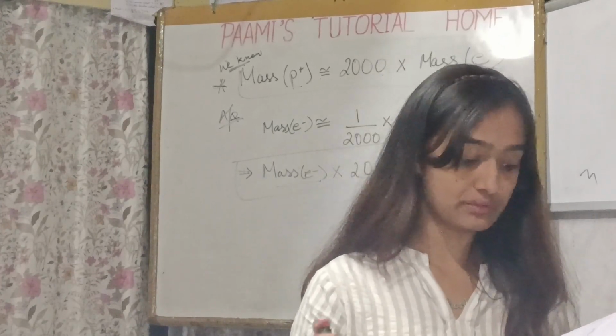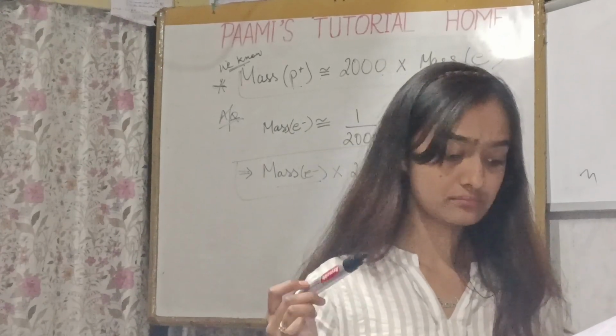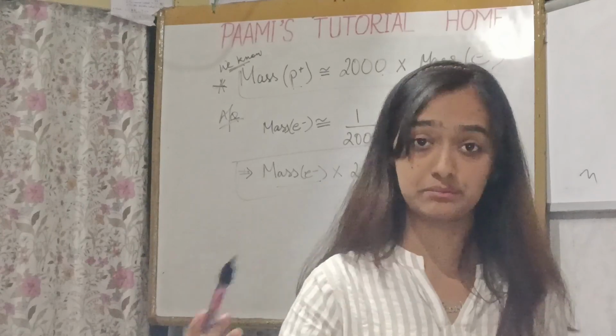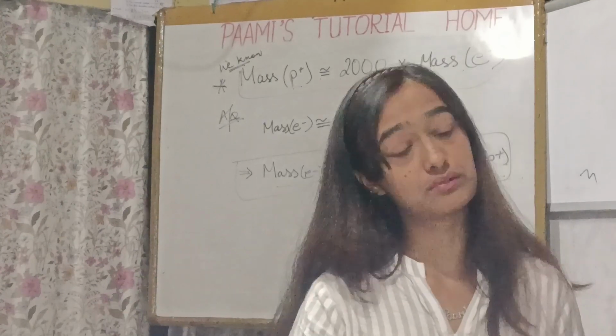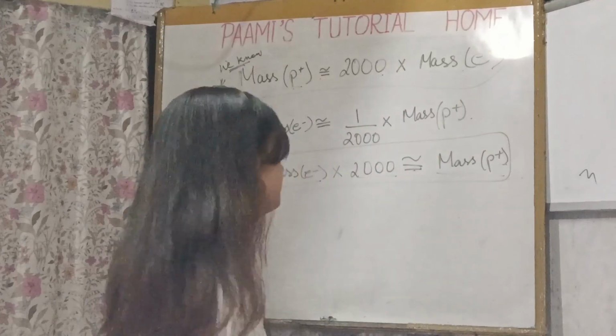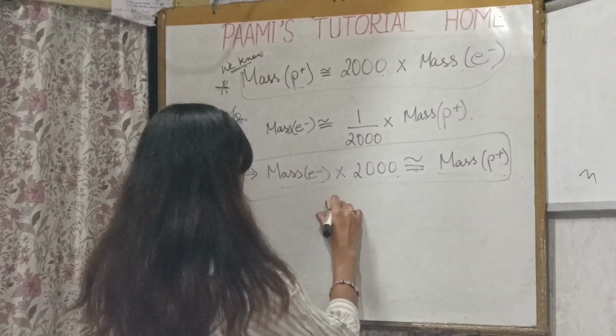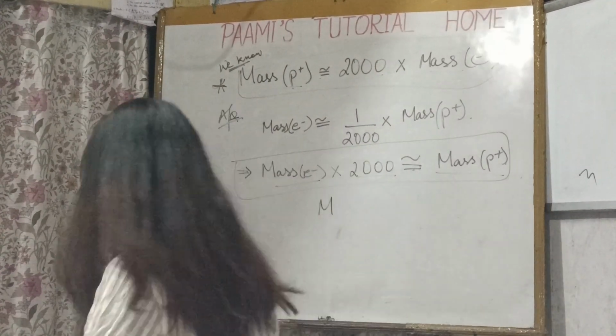Now, an isotope of an element has the same atomic number, different mass number. What does mass number mean? Just a minute.